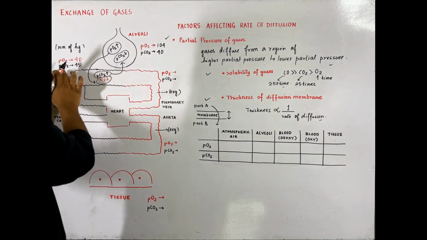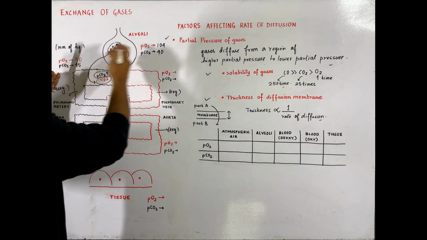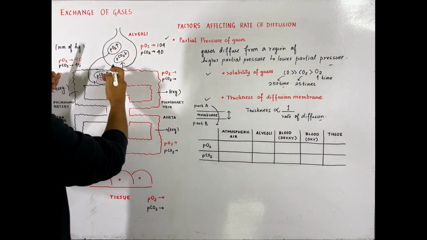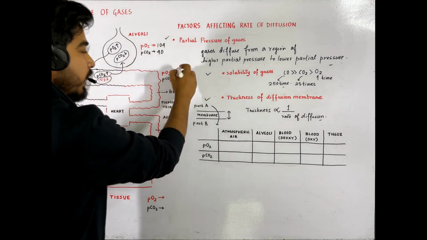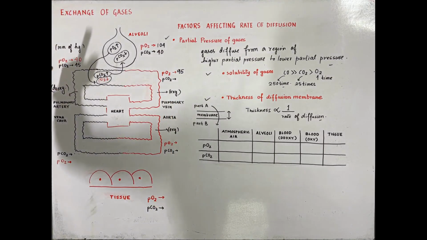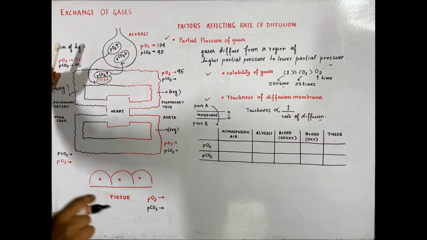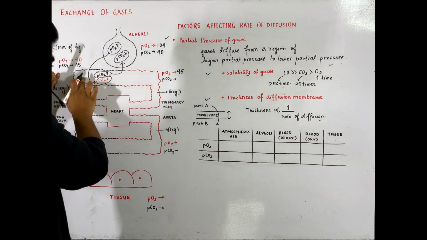Now you have to consider this. In the first scenario, the partial pressure of oxygen was 40. Oxygen came inside the blood vessel and it became 95. The partial pressure of carbon dioxide was 45 in this deoxygenated blood.